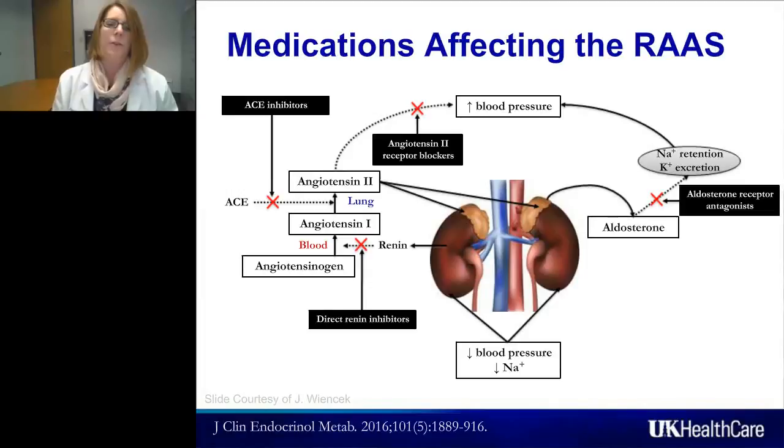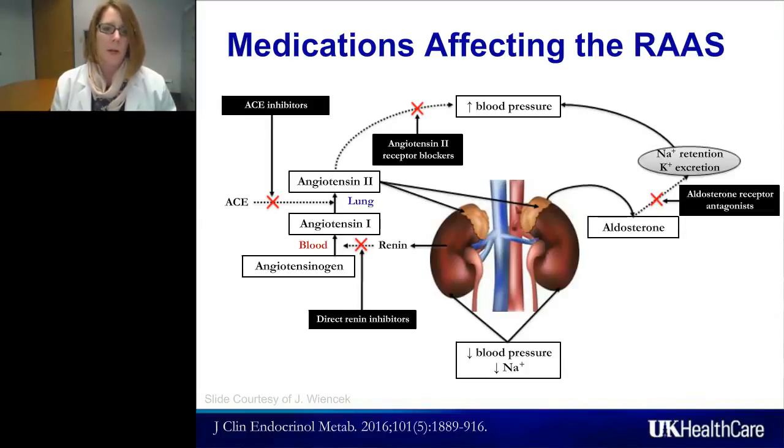I also mentioned that there are numerous medications that affect the renin-angiotensin-aldosterone system, namely numerous antihypertensive medications. So in this figure, you can see the RAAS and various antihypertensive meds that block different portions of the system. Direct renin inhibitors obviously will block the activity of renin, leading to downregulation of aldosterone and also downregulation of the aldosterone to renin ratio.